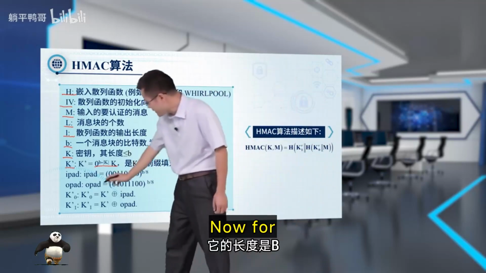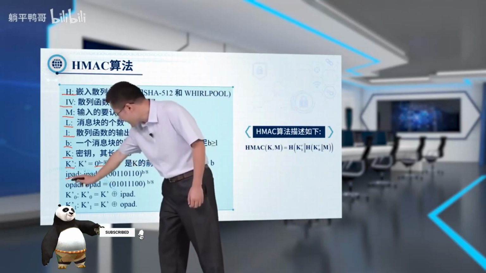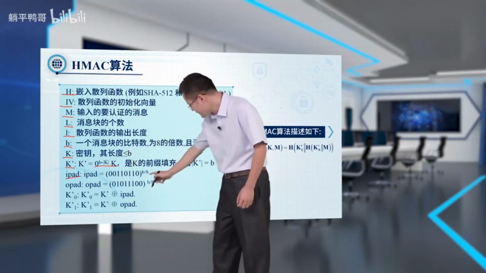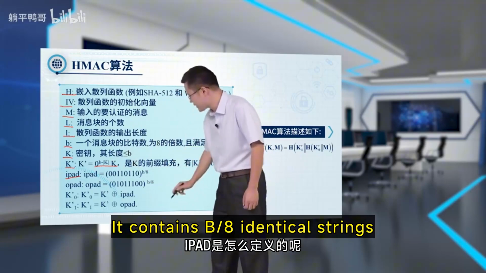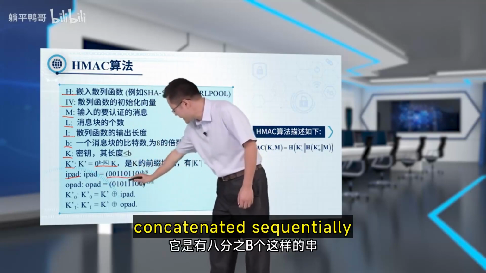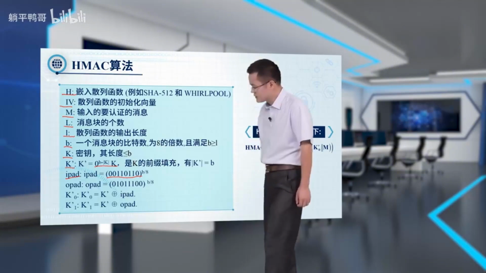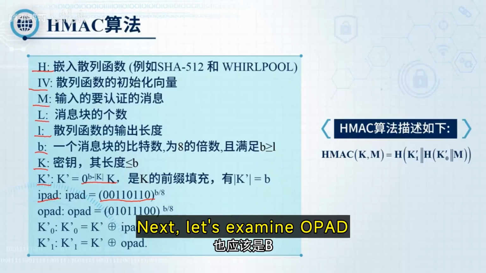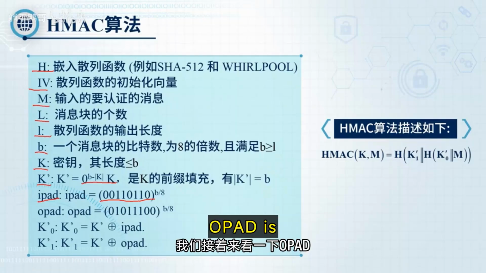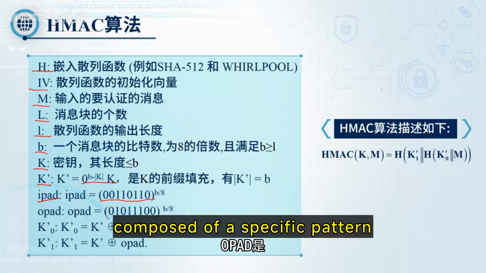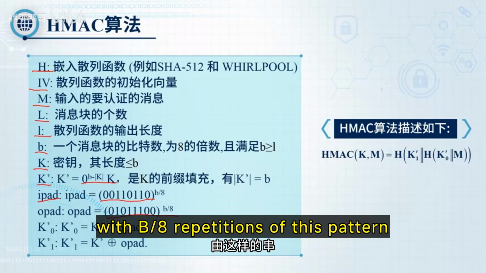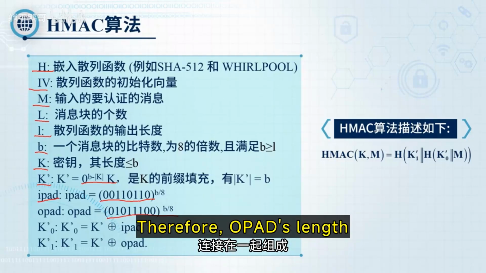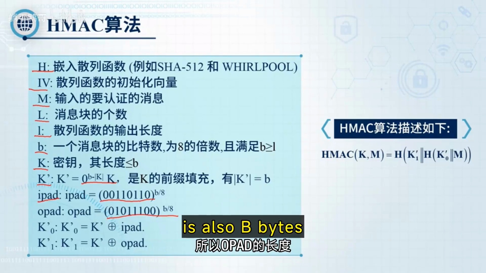Now for ipad. ipad's definition: it contains b/8 identical strings, concatenated sequentially, making its total length equal to b. Next, let's examine opad. opad is composed of a specific pattern, with b over 8 repetitions of this pattern, concatenated together. Therefore, opad's length is also b bytes.